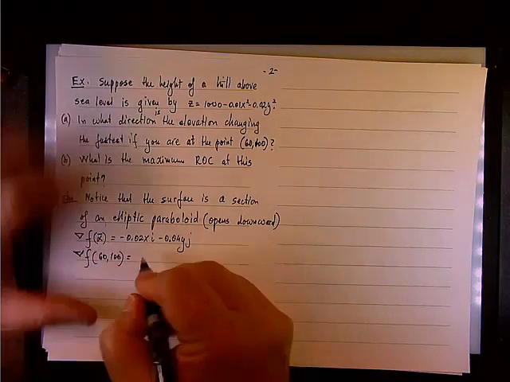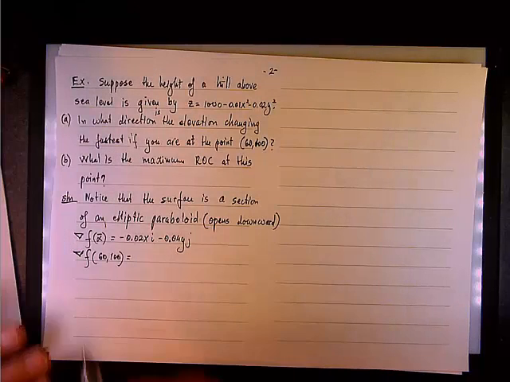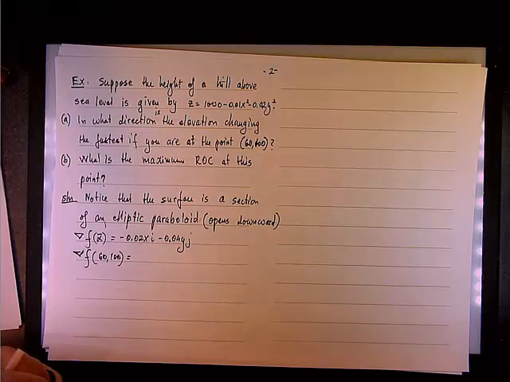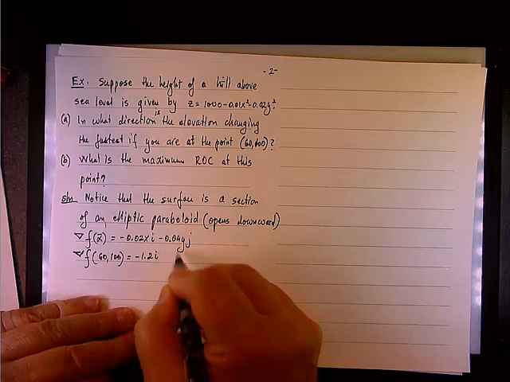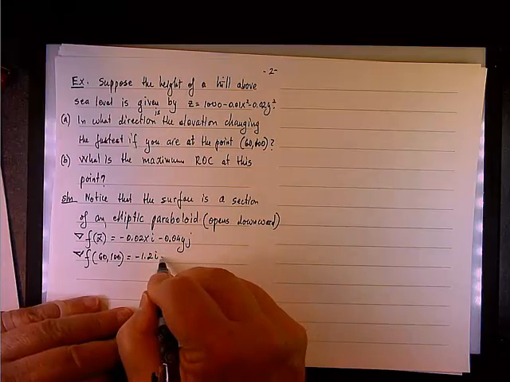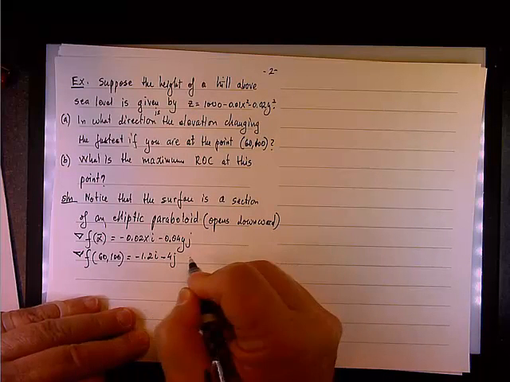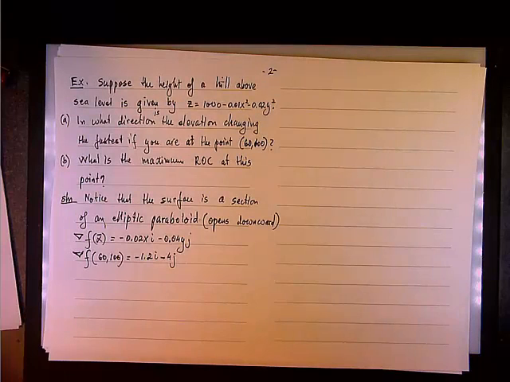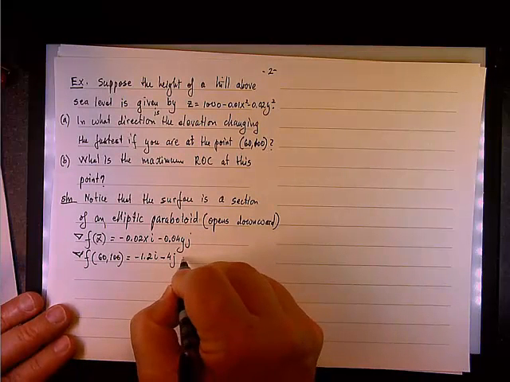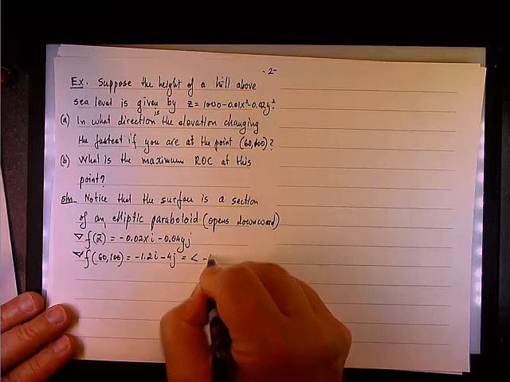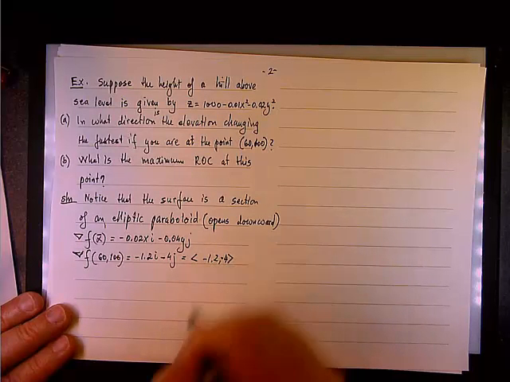And if you want to evaluate it at the particular point 60 and 100, then what you have is 2 times 60, so it will be negative 1.2 in the i direction and negative 4 in the j direction.